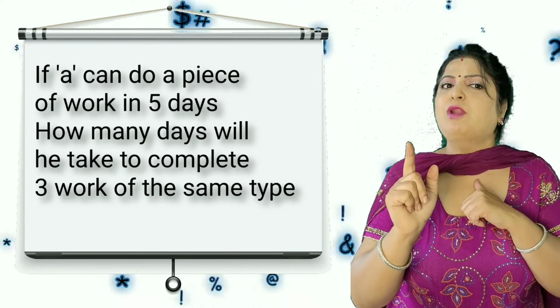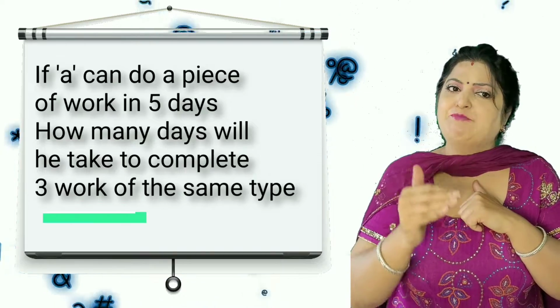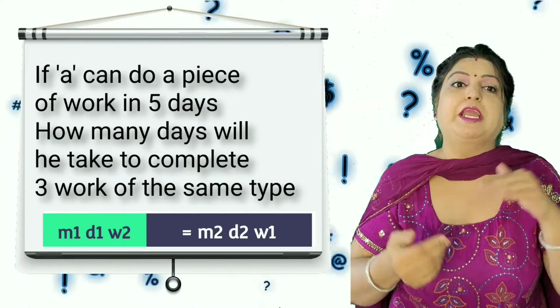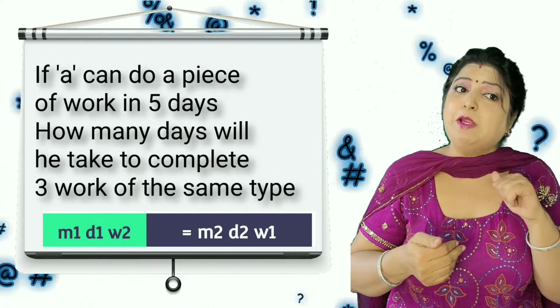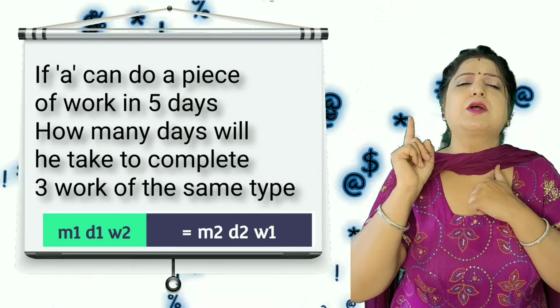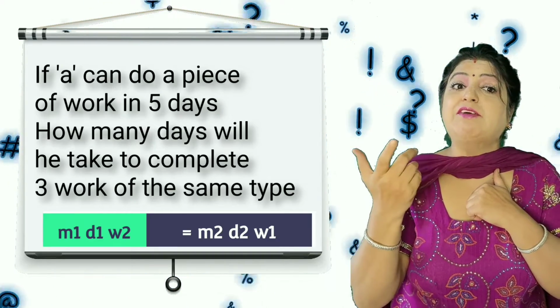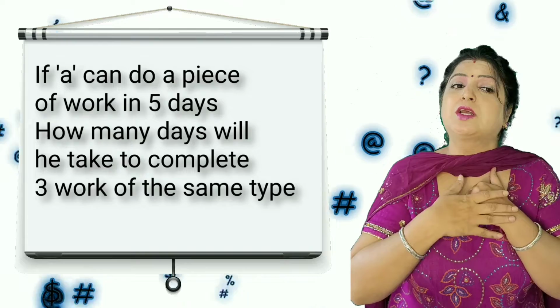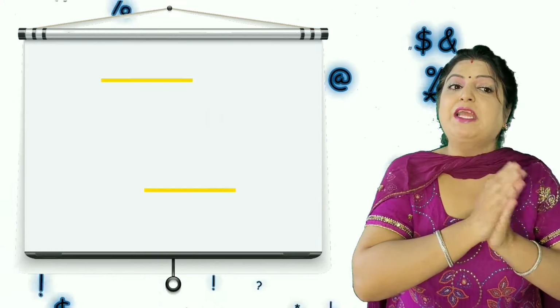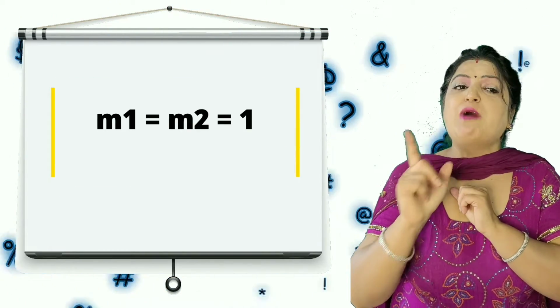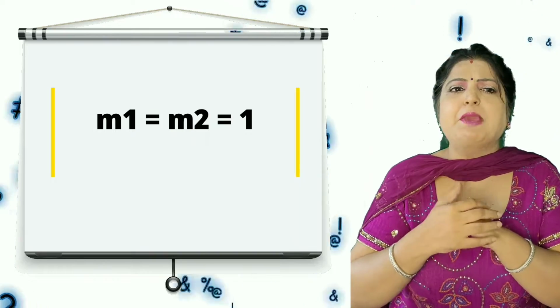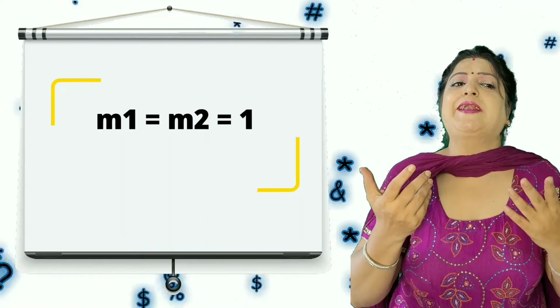Recall the basic formula. What is that? M1 D1 W2 equal to M2 D2 W1. As A is the only person to do the work in both the cases, here M1 equal to M2 equals to 1. Why? Because it is useless to carry it.